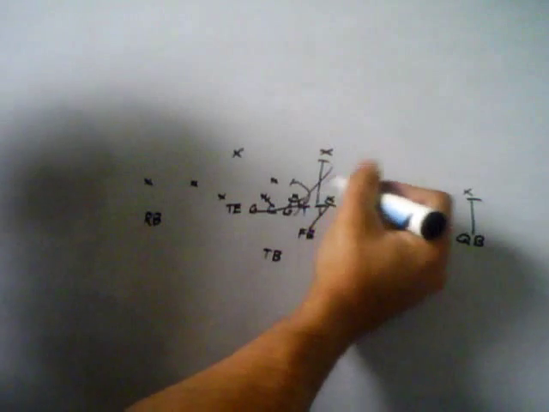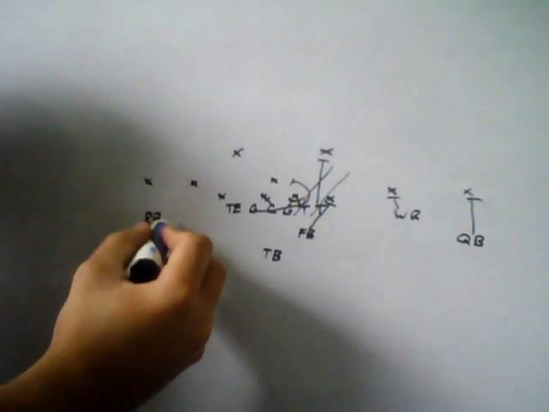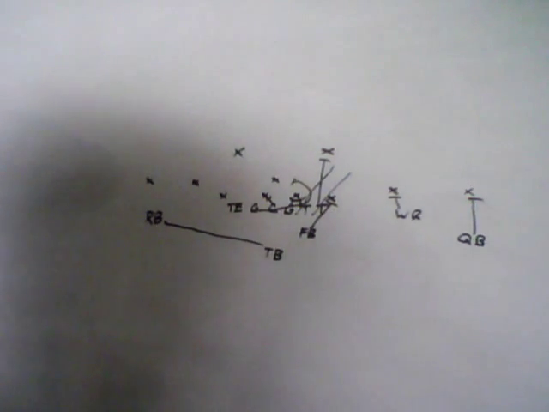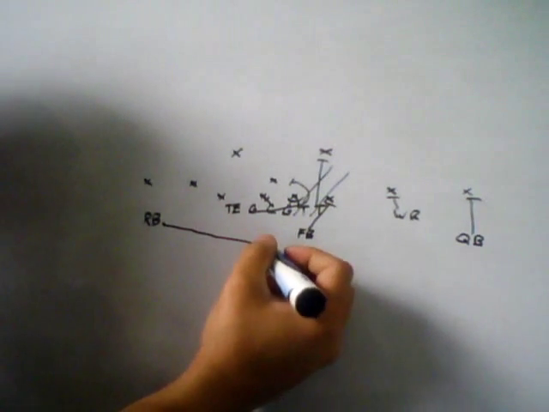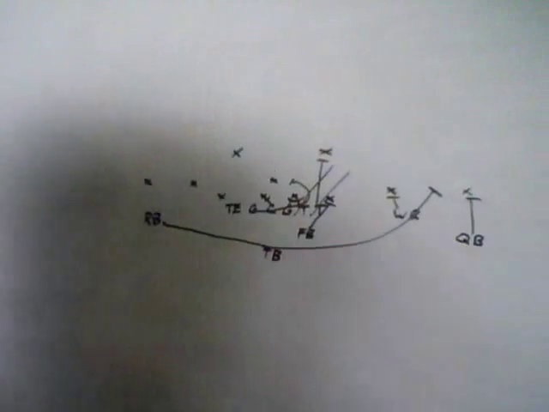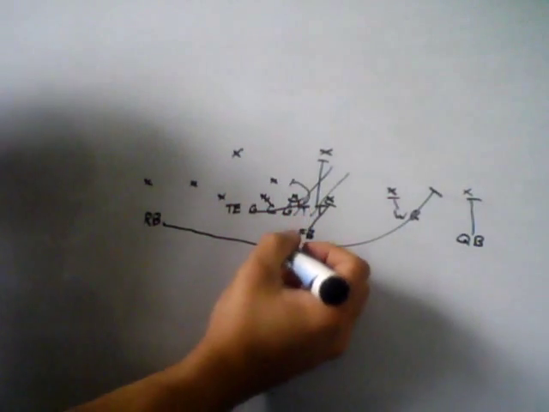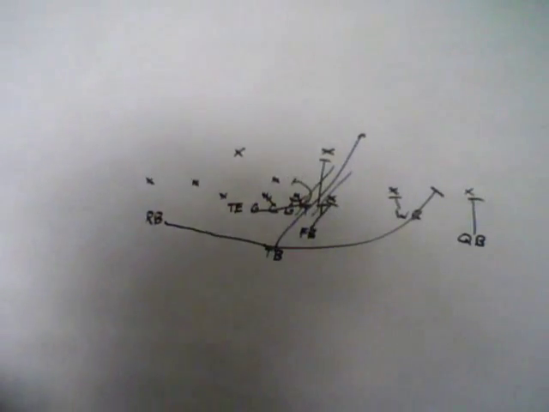And look, you have that hole still. Now to add confusion, you motion the running back over, and the tailback either gives it or takes it from him. He'll just go outside, and then tailback just goes right up through the hole.